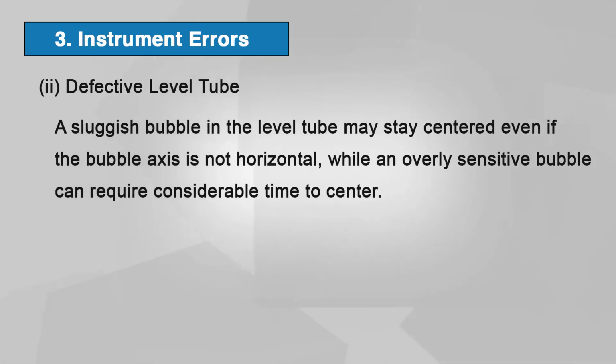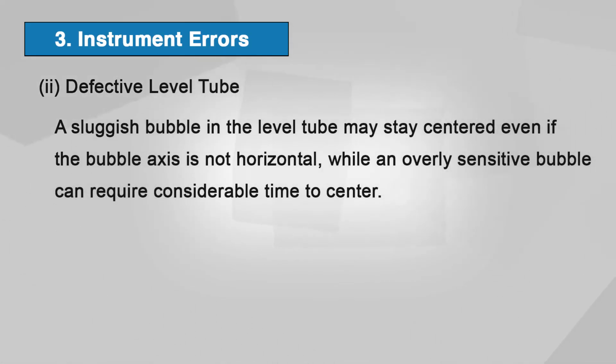On steep slopes where the backsides are either longer or shorter than the foreside, the error can accumulate. It is important to note that the errors due to improper level adjustment are common and serious. The level should be carefully tested and adjusted before use, and care should be taken to ensure that backside and foreside distances are equal. Next is the defective level tube.